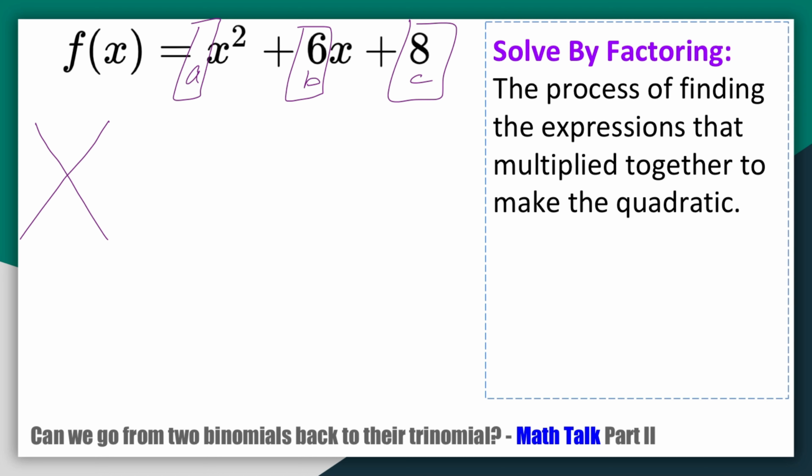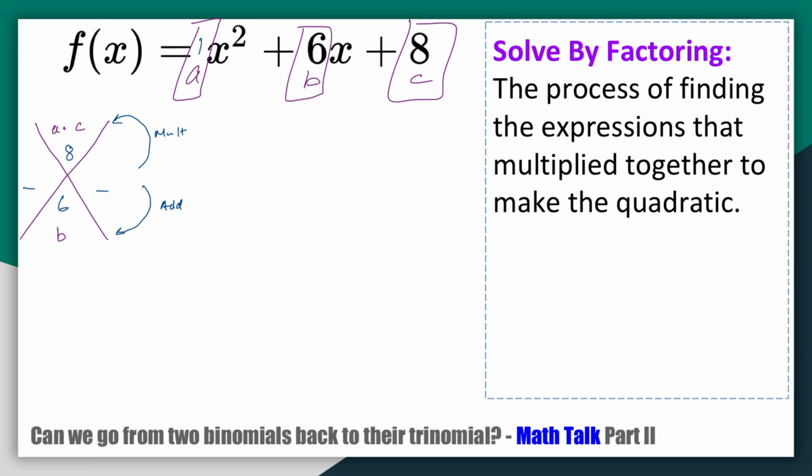And the way we do that is we take our a times c variable up top and our b variable on the bottom. So a is 1, c is 8, so we have an 8 up top. B is 6, okay? And then we ask ourselves a simple question. What number could go here and here that if I multiply them, I get 8, and if I add them, I get 6?